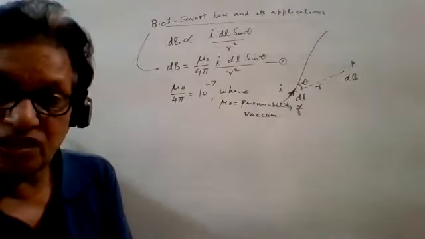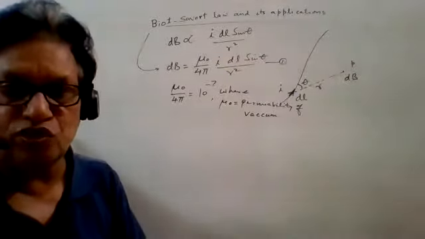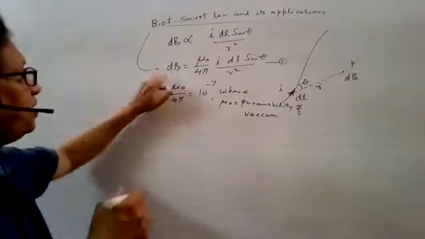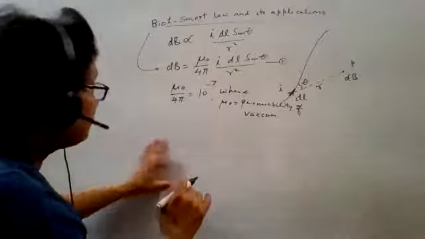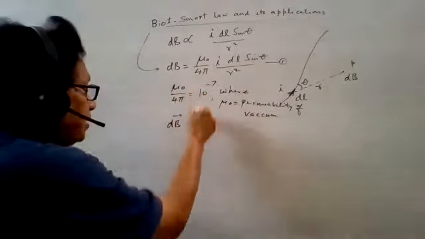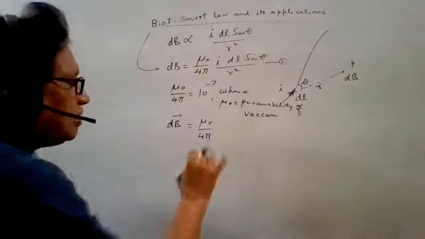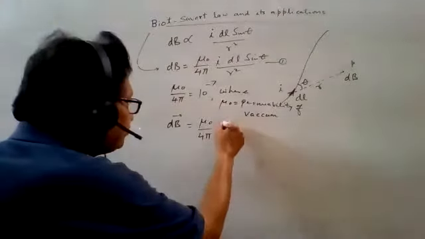Now it is a vector quantity, so we can write this dB in the form of a vector. Here mu naught upon 4 pi is the proportionality constant, the numerical value is this. I, current, is not a vector quantity.